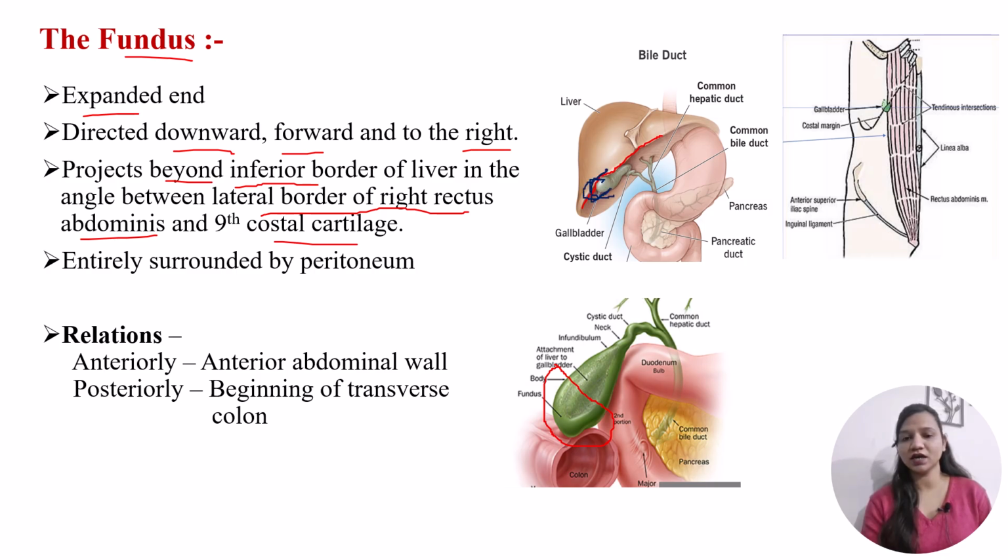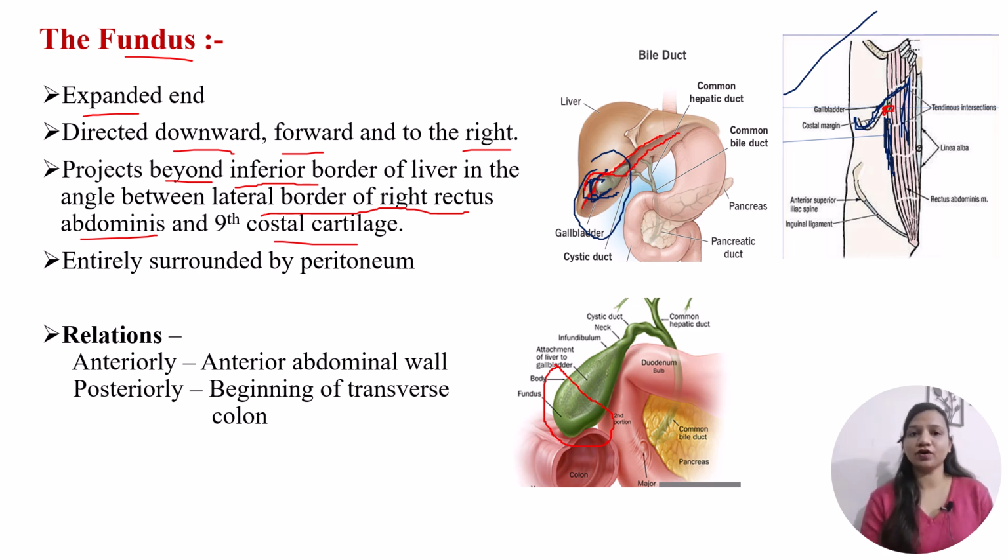This part of the fundus comes between the lateral border of the right rectus abdominis, which you can see in this picture, and the ninth costal cartilage.